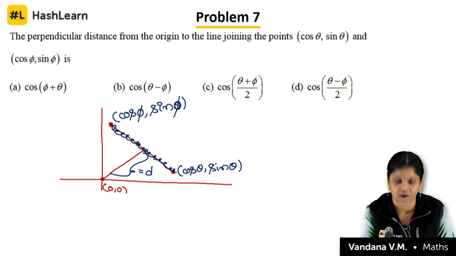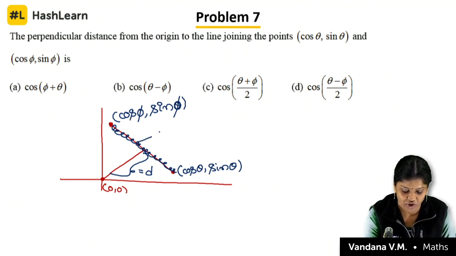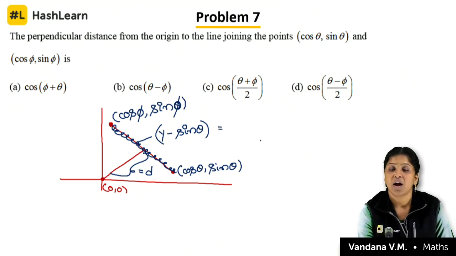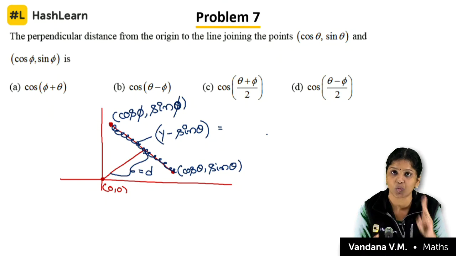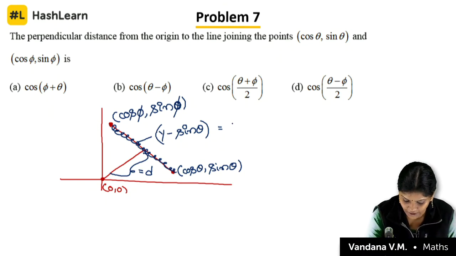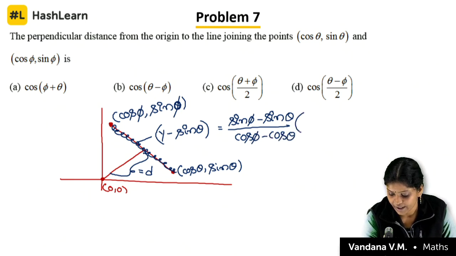Okay, so first let us find out the equation of a line. So what is the equation of a line, children? y minus sin theta, y minus y1 is equal to, how will you find out the slope? y2 minus y1, because it is passing through 2 points. y2 minus, that is sin pi minus sin theta divided by cos pi minus cos theta into x minus cos theta.